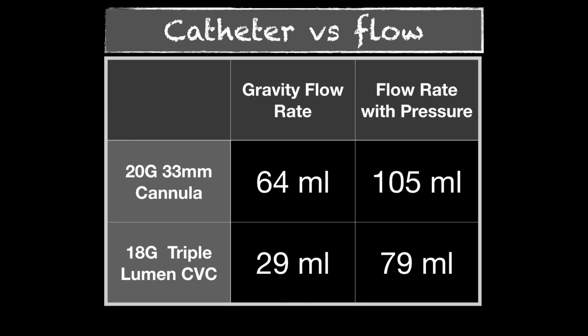Now, to put this into perspective, a lot of times I see residents say, well, we need to put in a central line to resuscitate, to give them volume, and we don't.